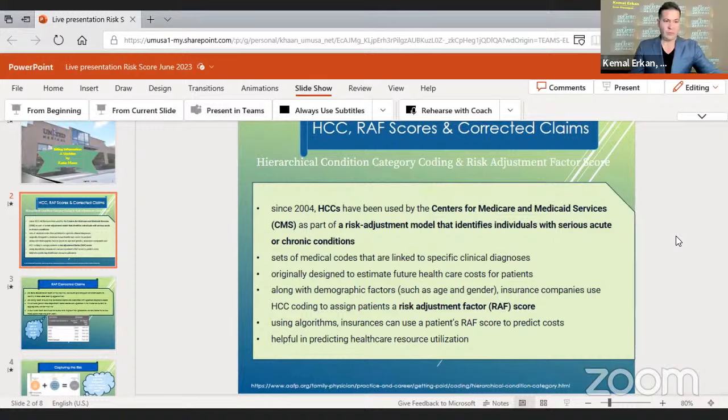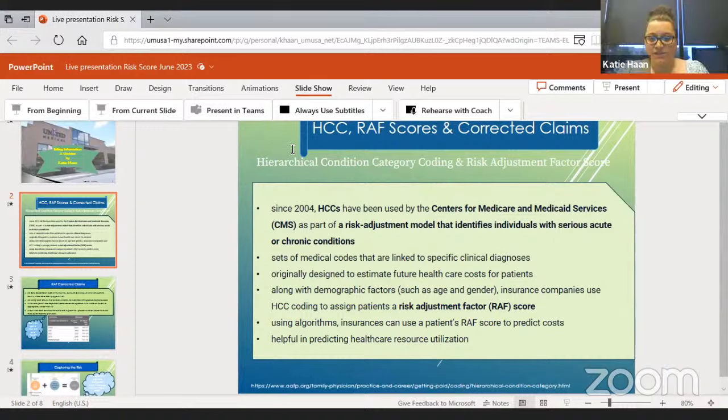Yes. Okay, great. So just talking about HCC, RAF scores, and corrected claims. HCC stands for Hierarchical Condition Category Coding and Risk Adjustment Factors. This has been in existence for quite a long time. HCCs are essentially used by Medicare and insurances to figure out the risk of a patient.